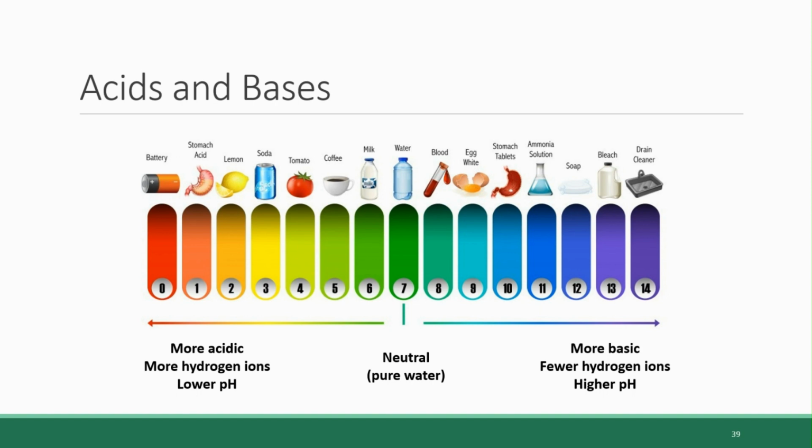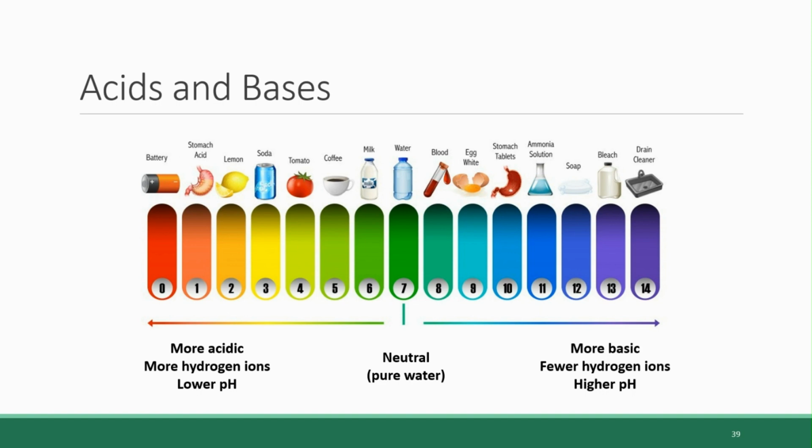Anything above 7 is basic. And as you get higher in pH value, there are fewer hydrogen ions and the base becomes stronger. Some mildly basic substances seen in nature are human blood, egg whites, and farther up the scale are really strong bases like bleach and drain cleaner.